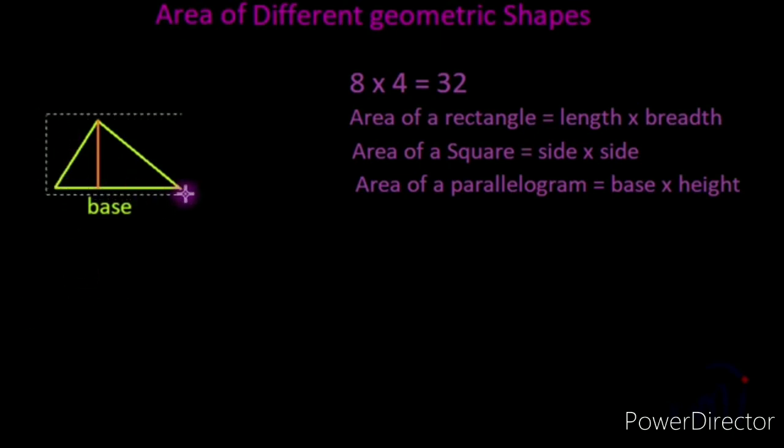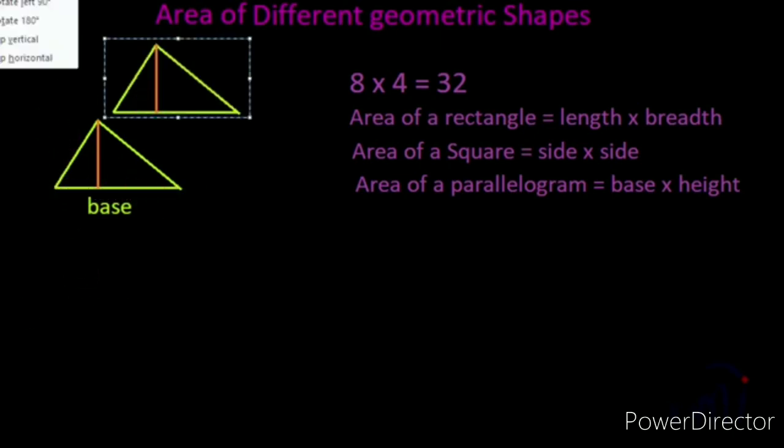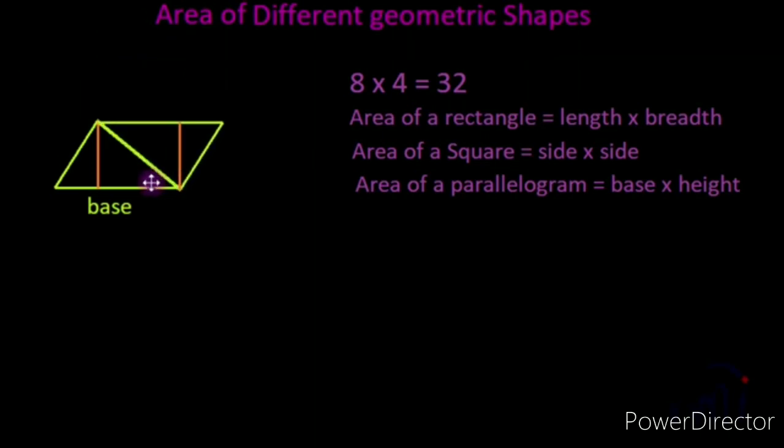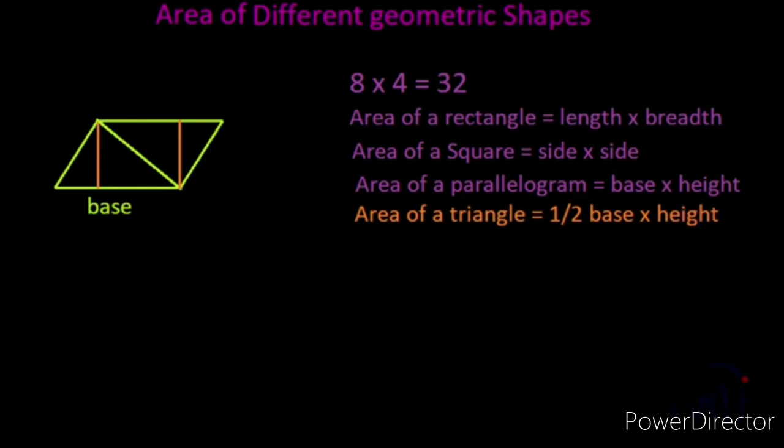I'm going to cut this triangle, copy it, flip it vertically, flip it horizontally, and join it over here. And it gets converted into a parallelogram. The area of that parallelogram will be equal to two such triangles. So the area of this triangle can be written as 1 by 2 the area of the parallelogram, that is 1 by 2 base into height.